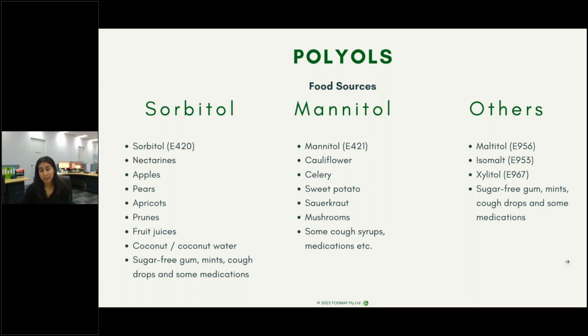Sorbitol and mannitol are found in foods such as fruits and vegetables, but they're also sometimes found as additives, labeled as E420 and E421. And then there are other polyols also used as additives, especially in sugar-free foods and drinks, like sugar-free gum and sugar-free soft drinks.